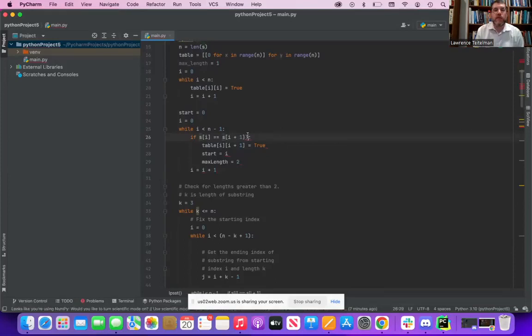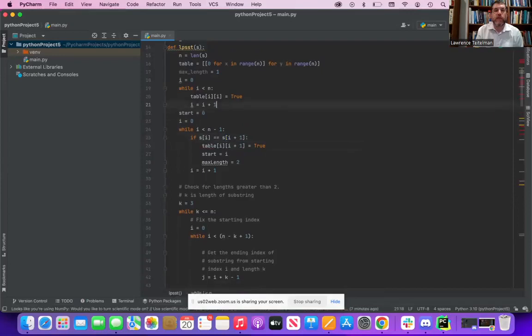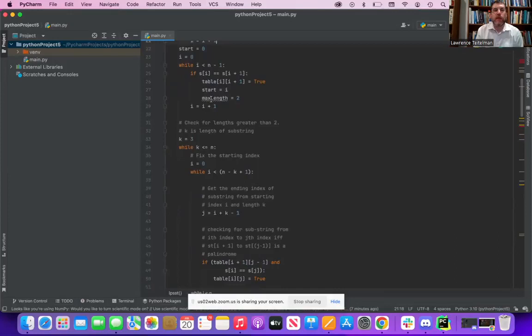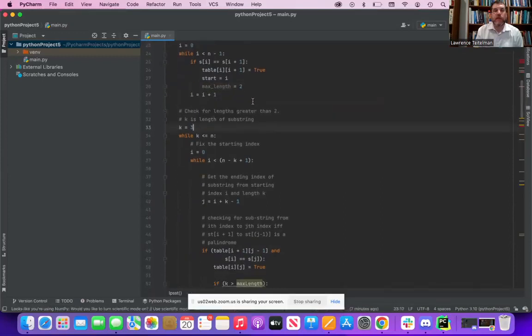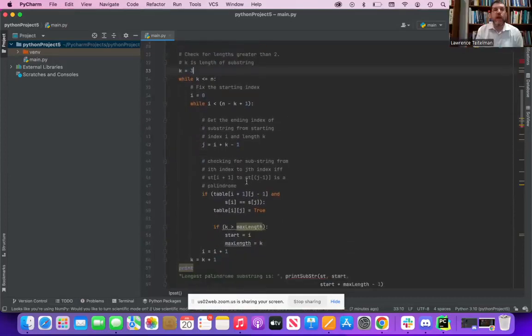Line 22. Line 28. Get rid of the comment, get rid of the blank.